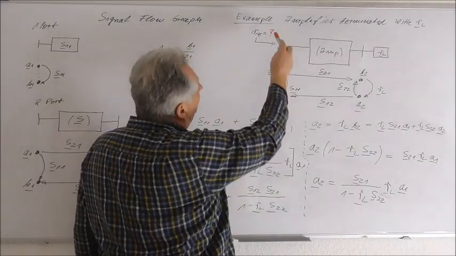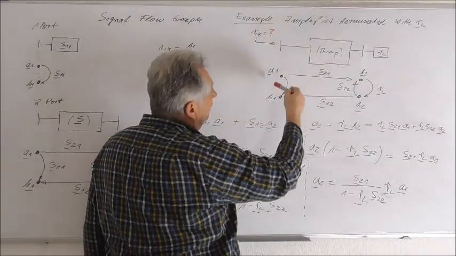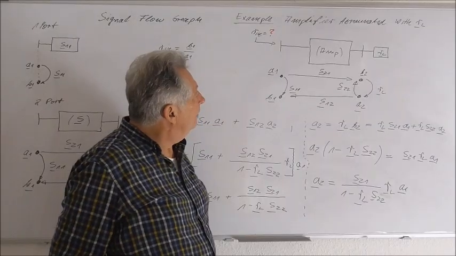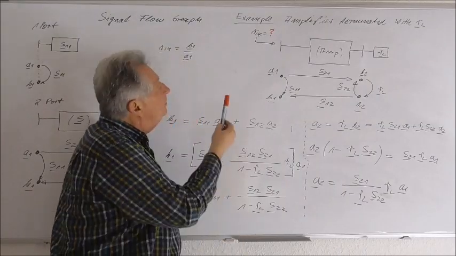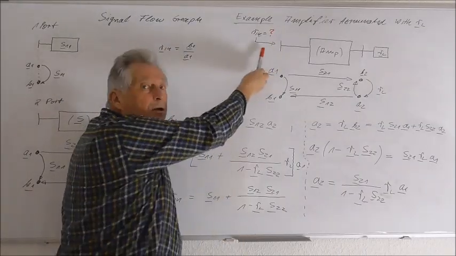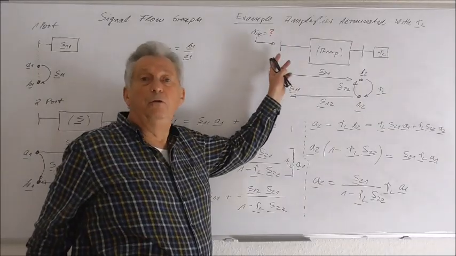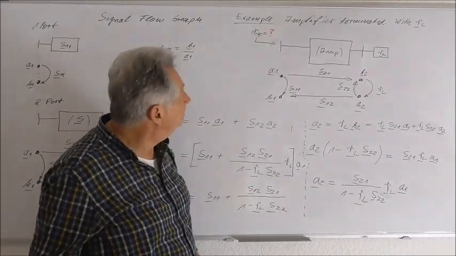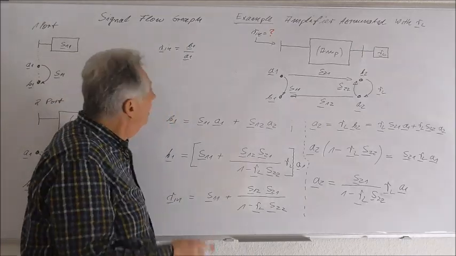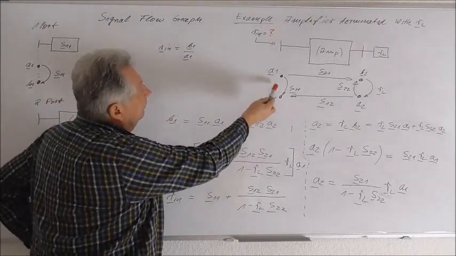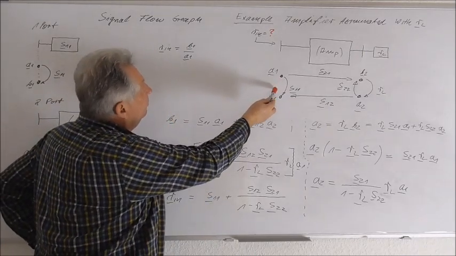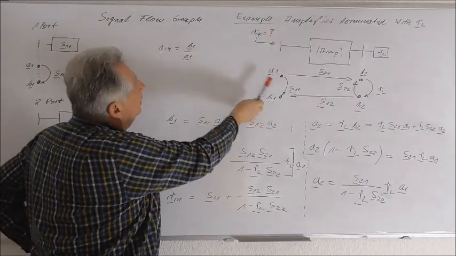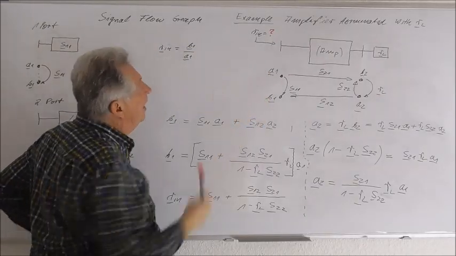So we have here the signal flow graph of the whole situation, and the question is now what will be the input reflection coefficient we will see into our amplifier. To start, if I want to calculate the input reflection coefficient, I have to calculate B1 over A1.